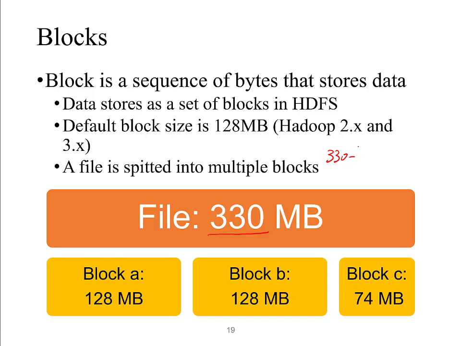For one block with 128, we would have 202 megabytes left, which means we need another block. And if we subtract again, that leaves us with 74 megabytes.